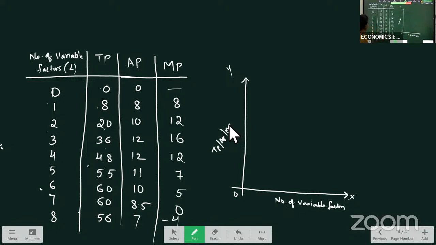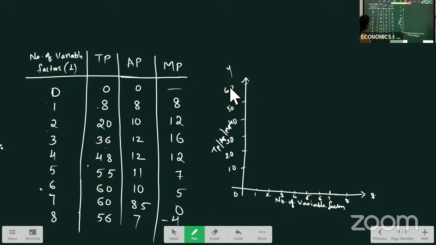The number of variable factors goes till 8: 1, 2, 3, 4, 5, 6, 7, 8. The output goes till 60, so I'll be taking 10, 20, 30, 40, 50, 60.